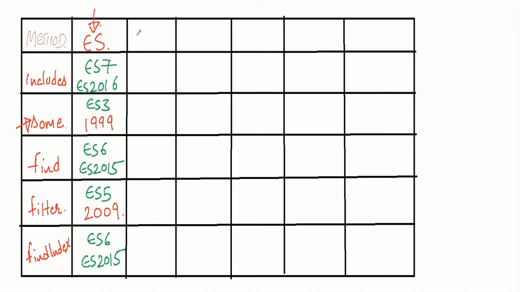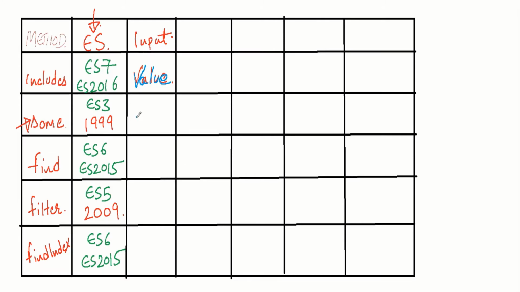Let's write down the input column. So this includes method accepts an input. The input is a particular value. So we need to provide a value here. I will write it down. I will select a different color first. Okay, so this is value.